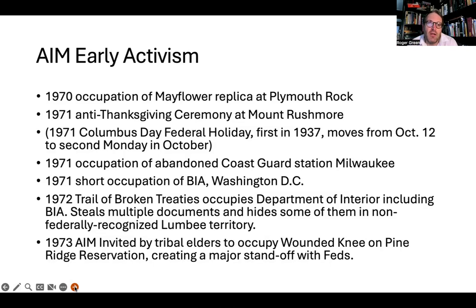The Columbus Day federal holiday was first established in 1937, and moves from October 12th to the second Monday in October. In 1971, we see the occupation of abandoned Coast Guard stations near Milwaukee.